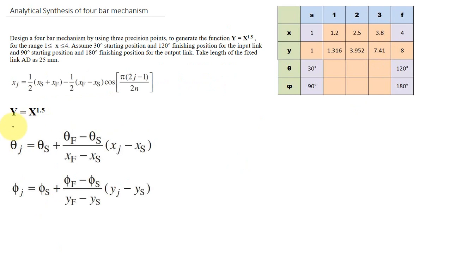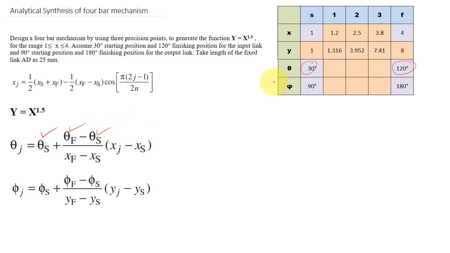Next you are going to find out the values of theta 1, theta 2, theta 3 and phi 1, phi 2 and phi 3. The first one is theta j. Theta j is equal to theta s plus (theta f minus theta s) divided by (xf minus xs) into (xj minus xs). Theta s is known, 30 degree. Theta f is known, 120 degree.